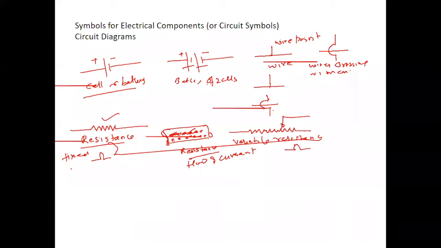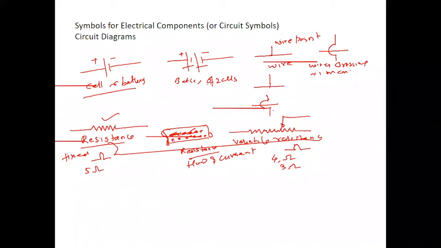In this resistance, we can say this is 5 ohm, but in variable you can put like 4 resistance, or 3 resistance. It's like a regulator of your fan. You can increase the fan speed, the same way you can increase or decrease the resistance in the circuit. So you put this variable resistance and then you can increase or decrease the resistance. But a fixed resistance is fixed, like only one speed of the fan.